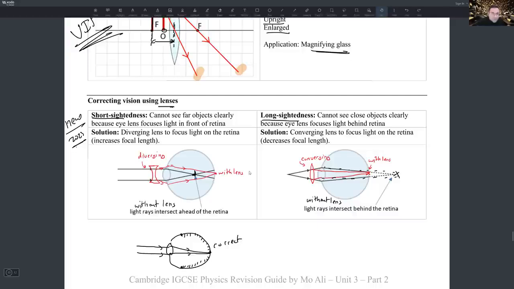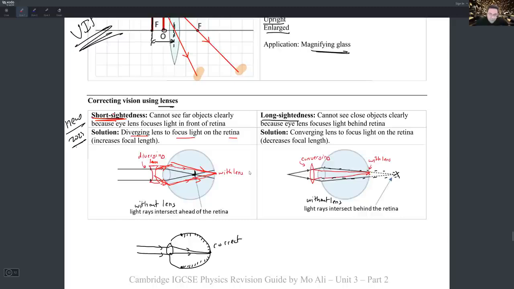So what's the correction? For people who are short-sighted, we give them a diverging lens, which spreads the light out and then focuses it on the retina. Since you over-focus the light, we unfocus it a bit to give it a chance to focus on your retina. So if you are short-sighted, we use a diverging lens to focus the light on the retina.